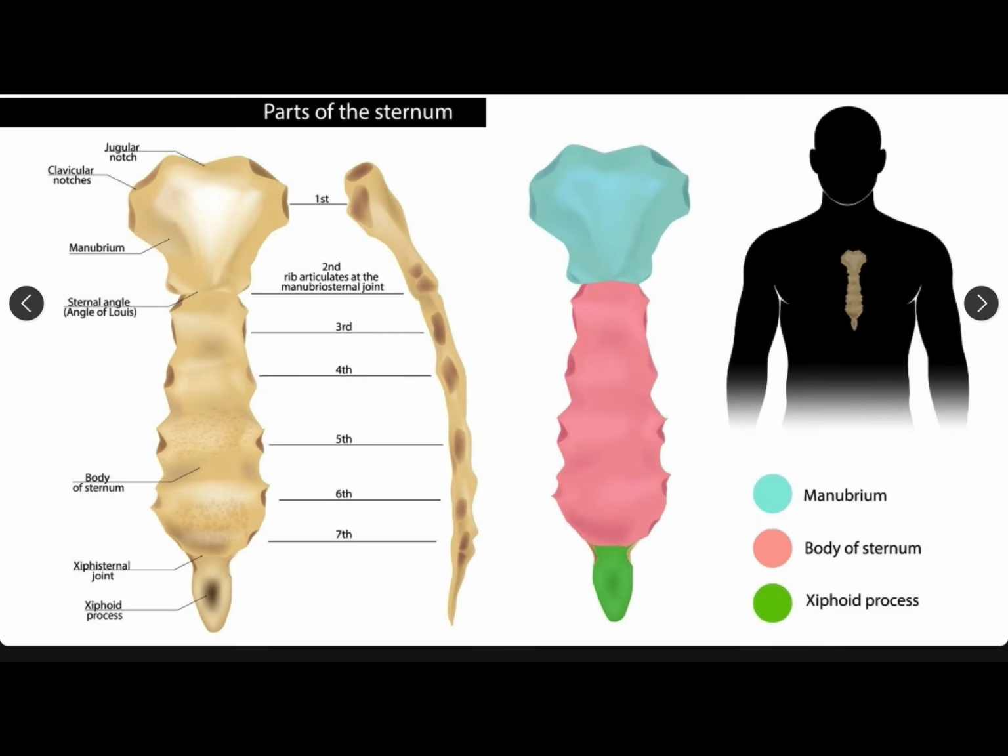So this is angle of Lewis, or the sternal angle. Angle between the body of sternum and the manubrium.